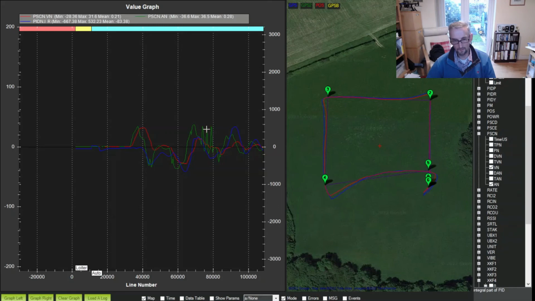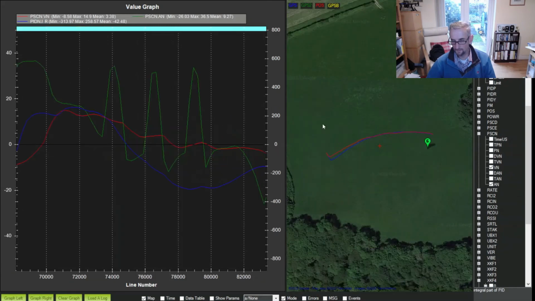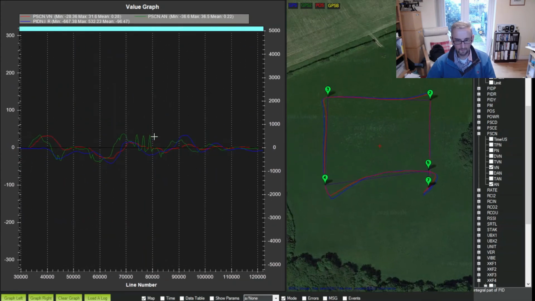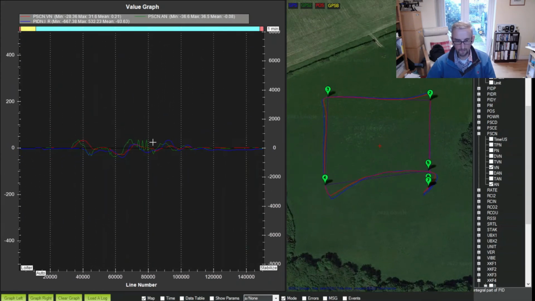Then at the end here, it's really gone a bit mental. The acceleration goes up and down, and the copter really doesn't know where it is. So let's see what this looks like from an EKF perspective.